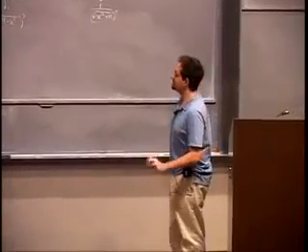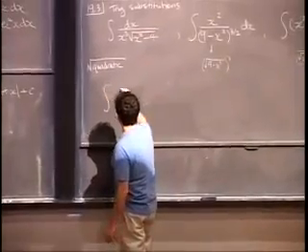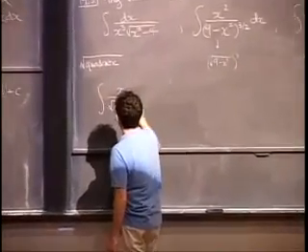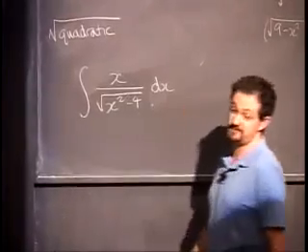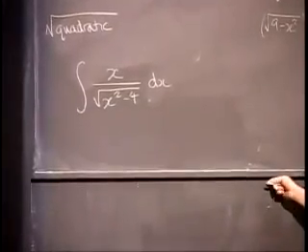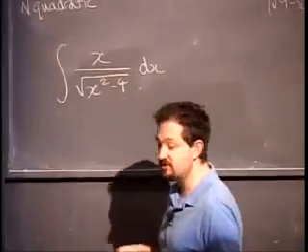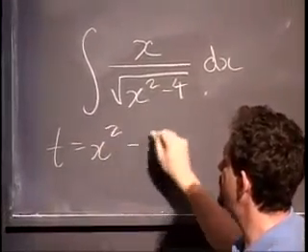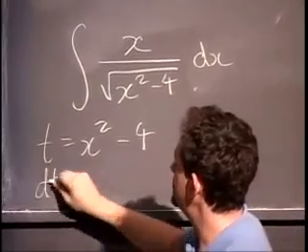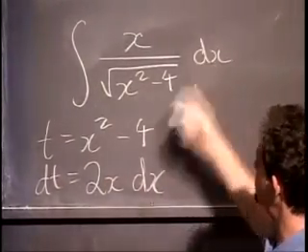Before I even tell you what they are, let me show you an exception. Suppose I modify this top one slightly: x over the square root of x squared minus 4. You could use a trig substitution, but we already know how to do this. You see, the derivative of x squared minus 4 is just 2x. So I can let t be x squared minus 4. dt is 2x dx, and there's the x dx.